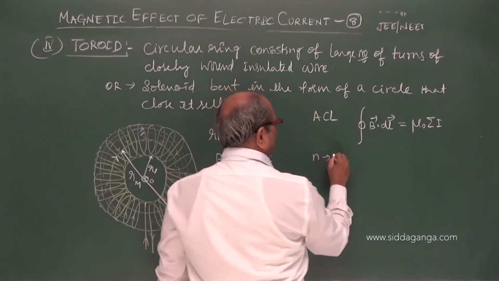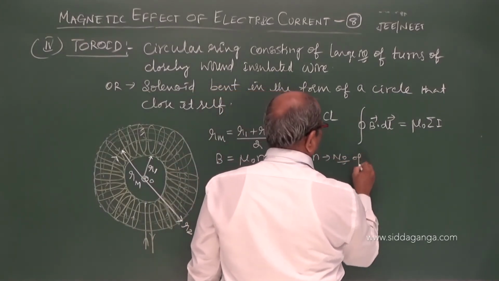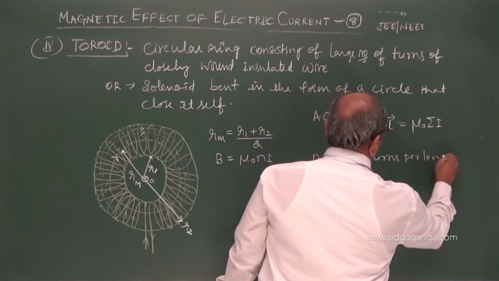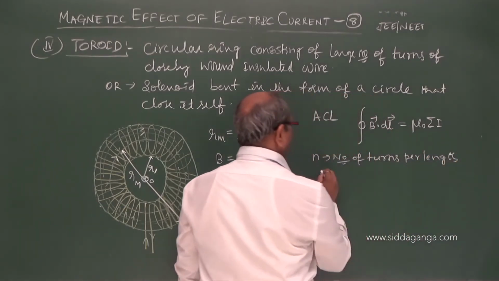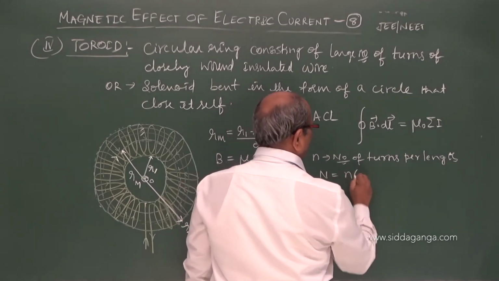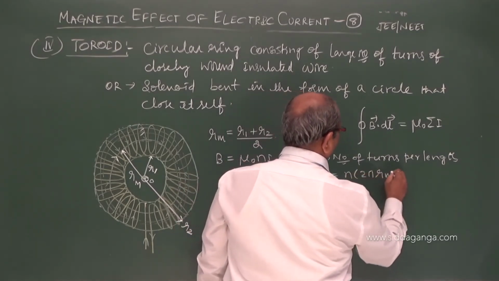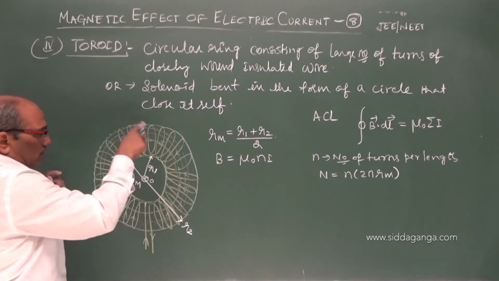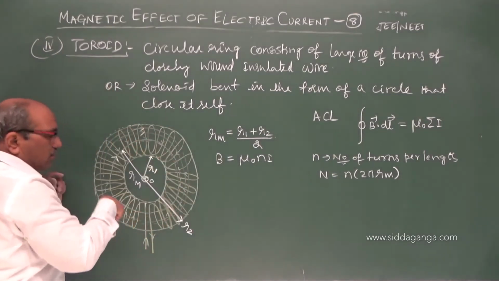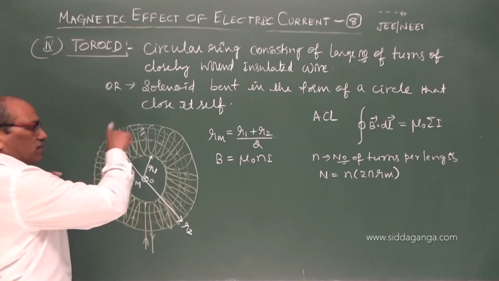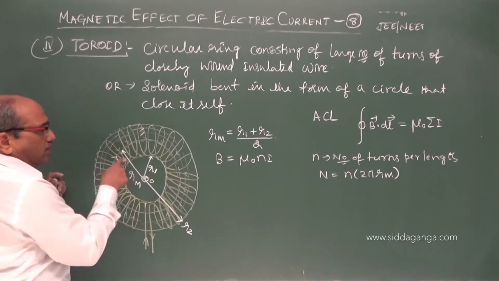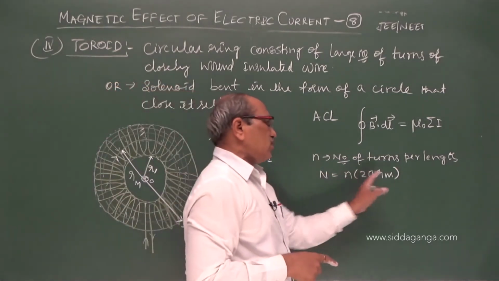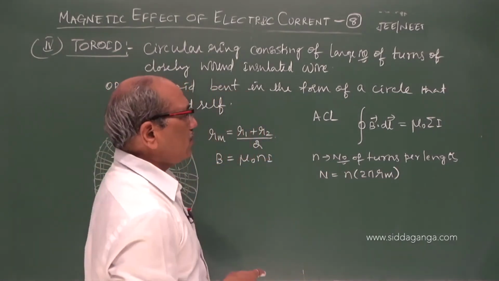If n is the number of turns per length, the total number of turns becomes n into 2 pi Rm, because the circumference of the loop is 2 pi Rm, where Rm is the mean radius.